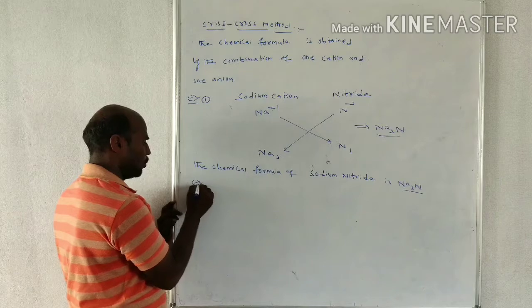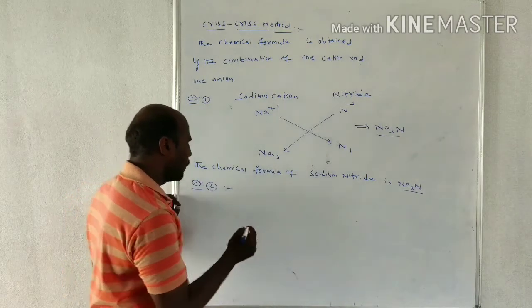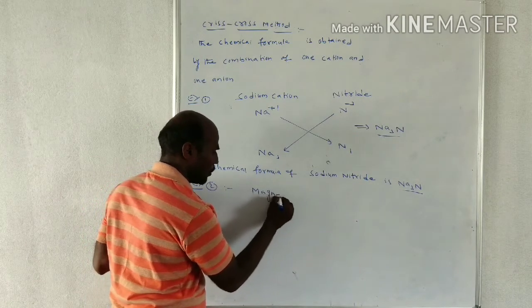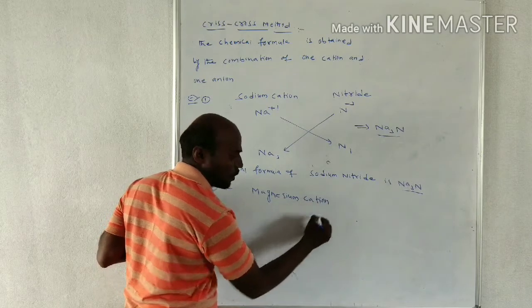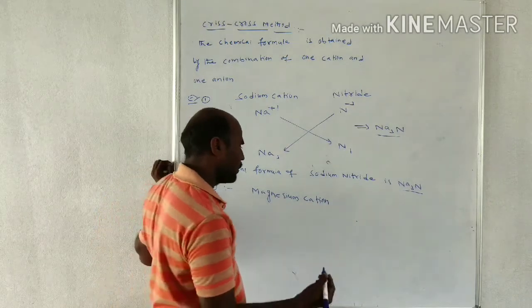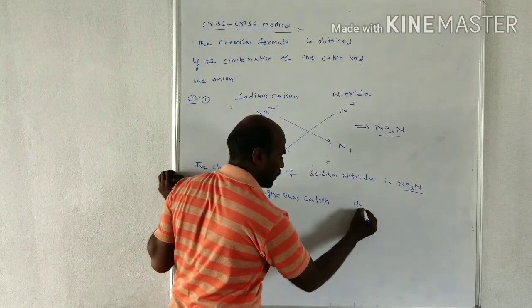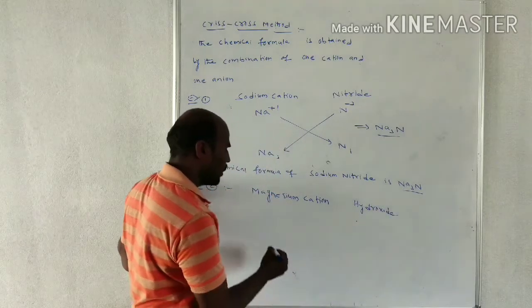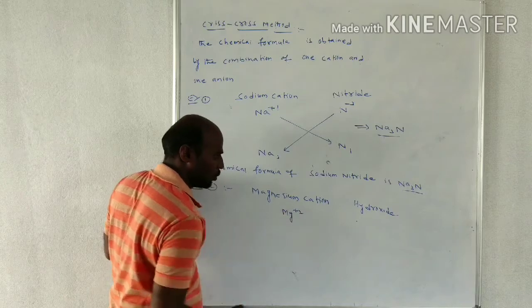Example 2. Magnesium cation and one anion, hydroxide. What is the symbol for the magnesium cation? Mg plus 2.